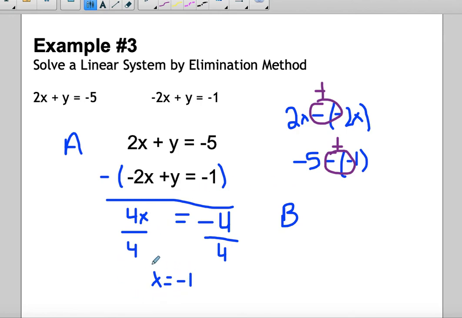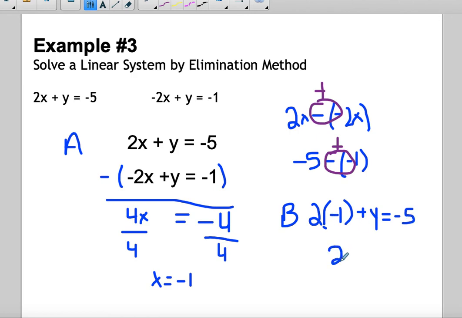So now we take our negative 1 and we sub it into an equation. So I'm going to just, again, pick the first equation. So I've got 2. I'm going to sub in my negative 1 for x, plus y equals negative 5.